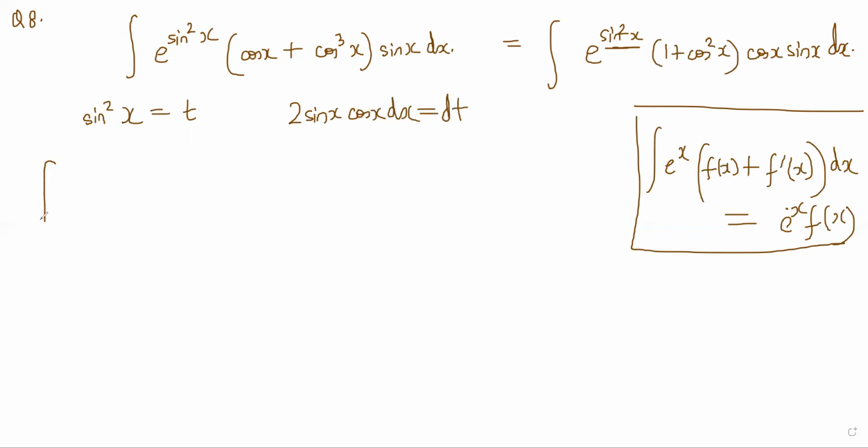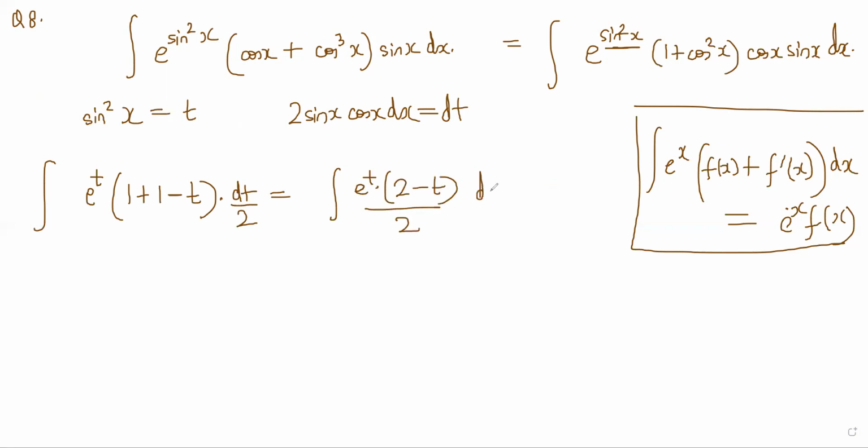So the integral overall becomes e power t, 1 plus cos square x, which is 1 plus 1 minus sine square x, which is 2 minus t. And cos x sin x dx is actually dt by 2. So what you get here is e power t times 2 minus t by 2 dt.